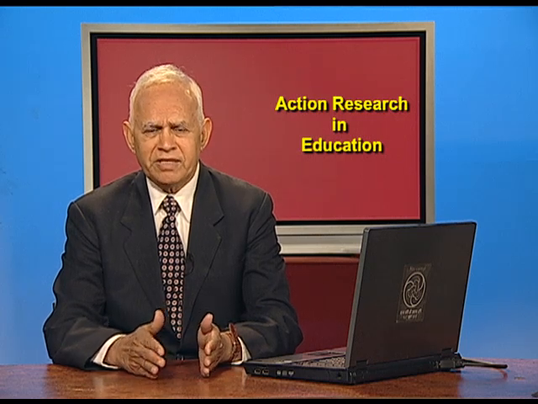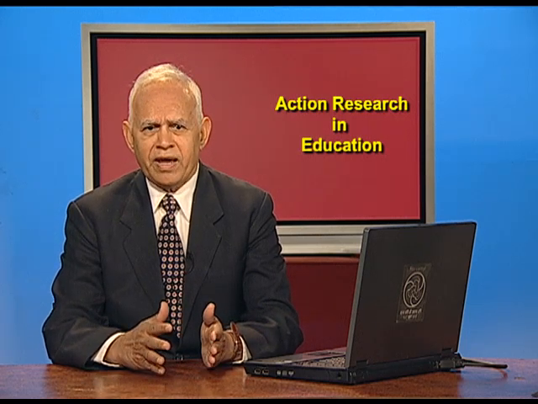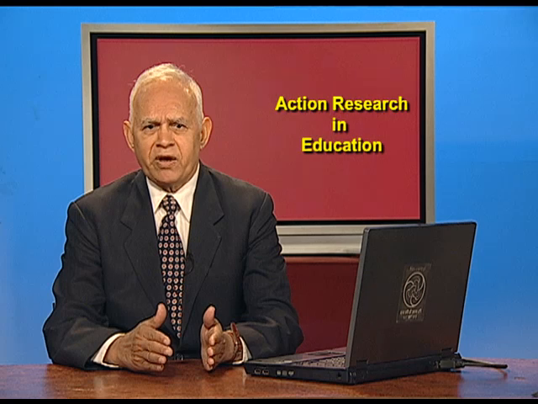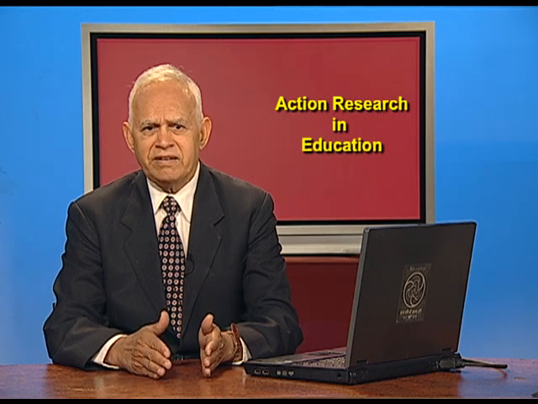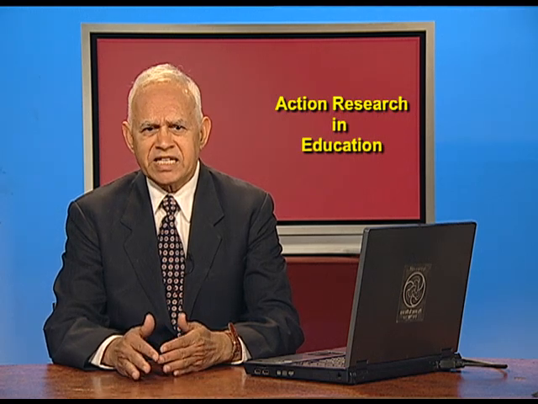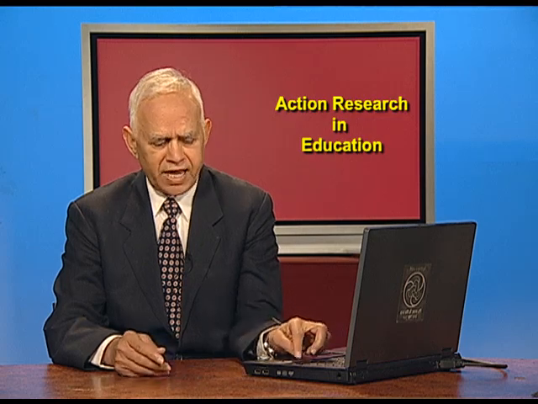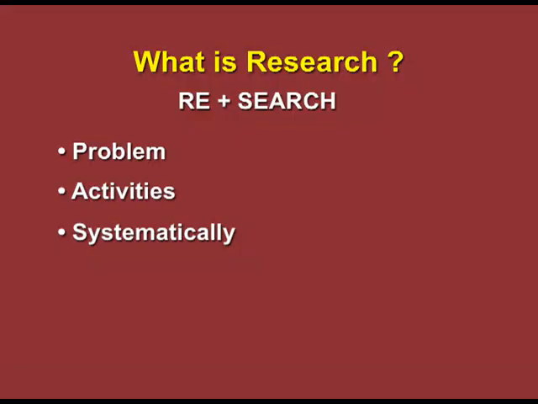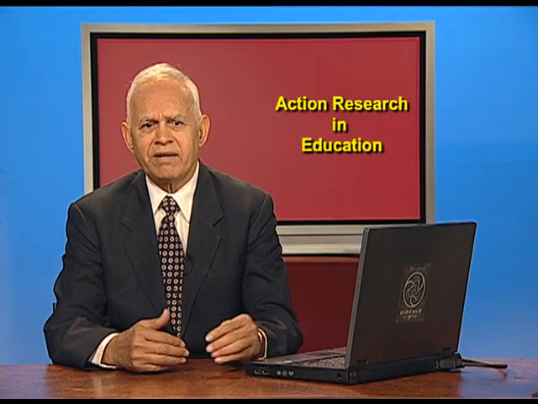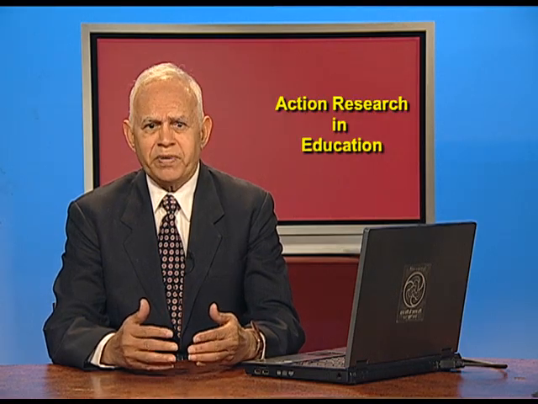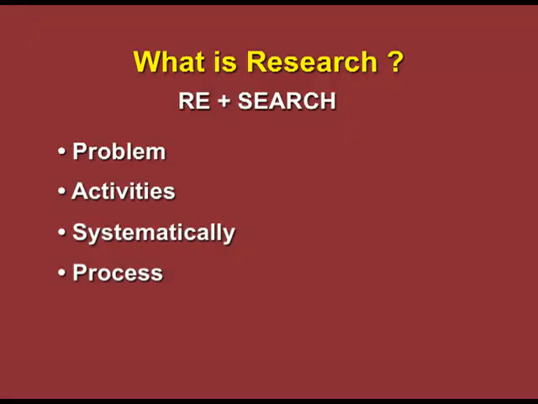You cannot change the sequence. So, systematic means well defined sequenced activities, and once you do that, it refers to a process, because different activities are taking place in the process and it leads to the solution.